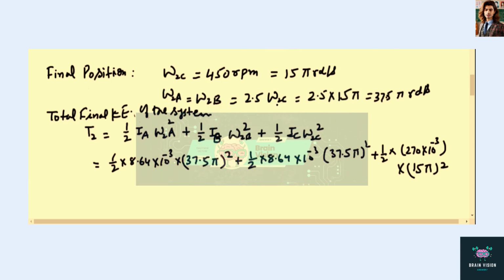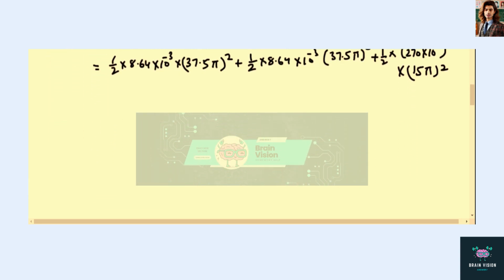Work done by the couple from the initial to final position is M into theta.